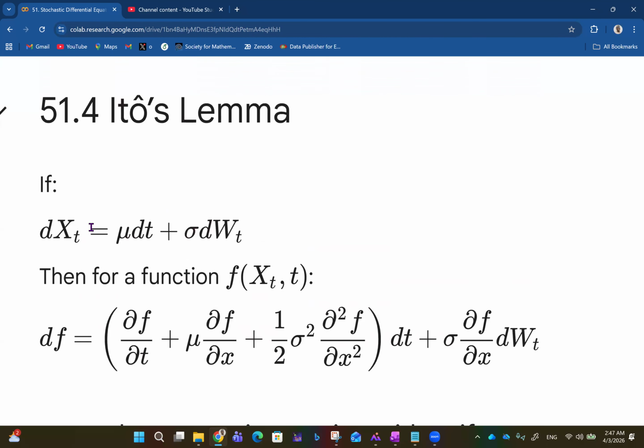So then we've always talked about Ito's lemma. If X_t is given by μ dt plus σ dW_t, then for a function f of X_t and t, df will be ∂f/∂t dt plus μ ∂f/∂x dt plus half σ² ∂²f/∂x² dt plus σ ∂f/∂x dW_t.